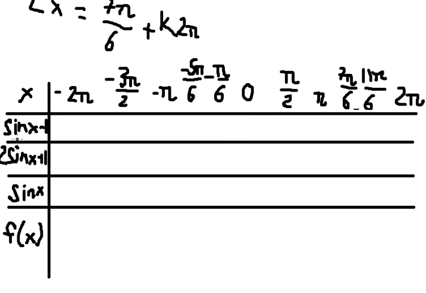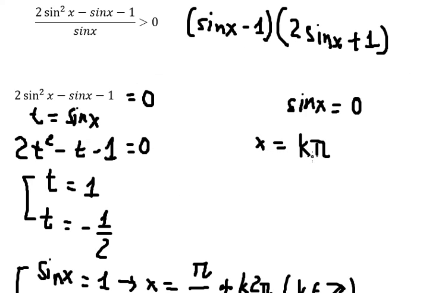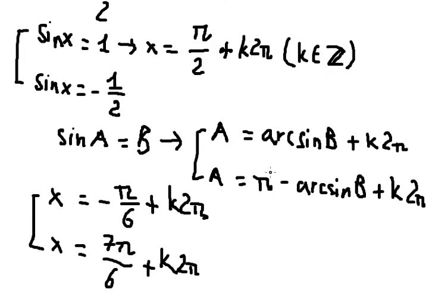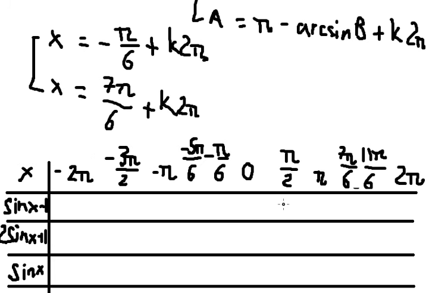Now sin x minus 1 is this one. We have π over 2 here and negative 3π over 2 here. I will put one value, say π, into sin x minus 1, and you get a negative number.